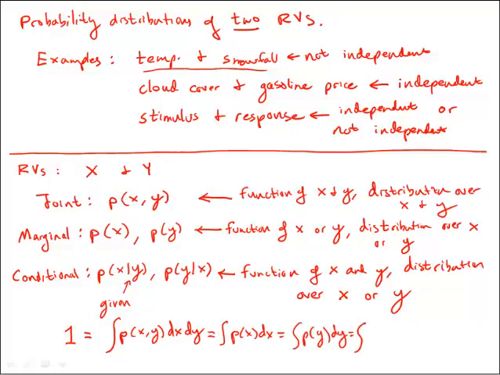And to integrate the conditional distributions to 1, we integrate with respect to the variable that was not being conditioned on. So to integrate P of x given y to 1, we integrate over x. And likewise with P of y given x, we integrate over y.